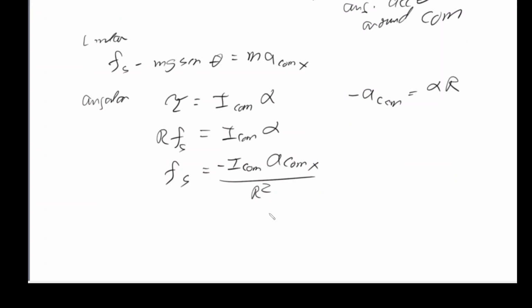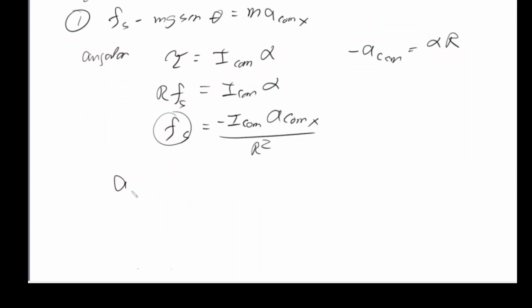If we then substitute the value for the force of friction into the linear equation, number 1 here, and solve for the acceleration of the center of mass, we get acceleration of the center of mass in the x direction is equal to minus g sine theta over 1 plus inertia of the center of mass over the mass times radius squared.